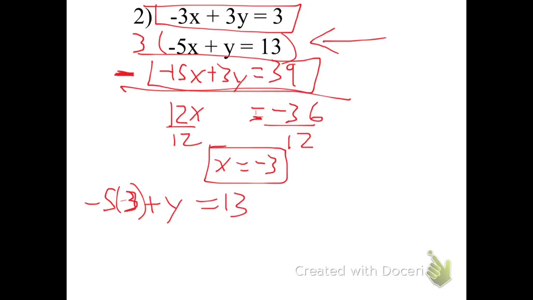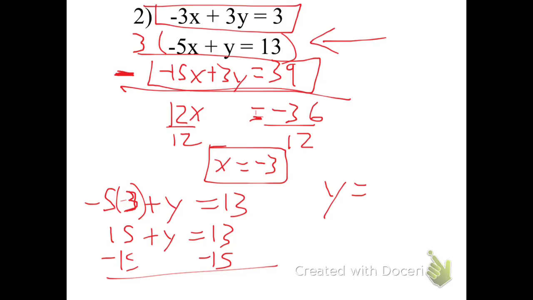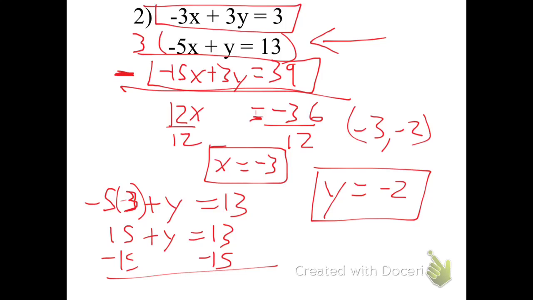And now I got negative 5 times negative 3, it gives me positive 15, plus y equals 13. Subtract 15 from both sides, and I get y is negative 2, because 13 minus 15 is negative 2. So I have x equals negative 3, y equals negative 2, and you can write it as a point like that: negative 3, negative 2.